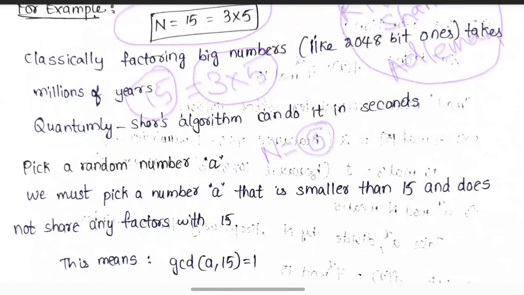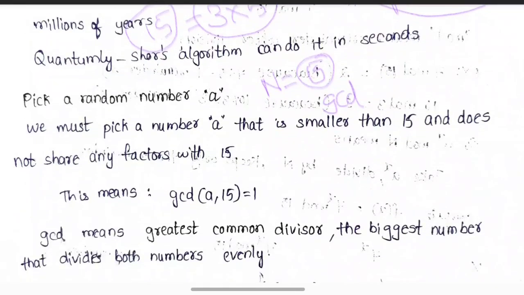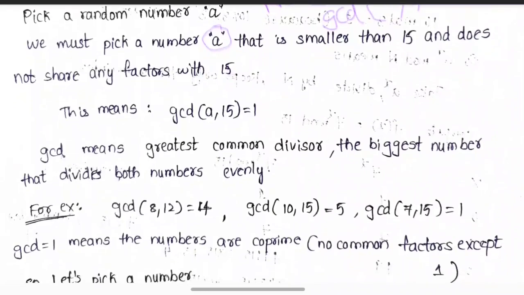In our example, we need to find the greatest common divisor, GCD. A will be our random number and 15 is the example we have chosen. We first need to find what A is.